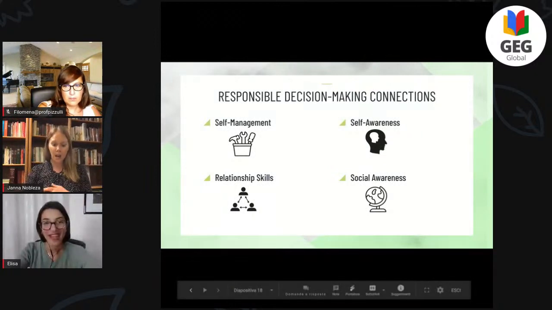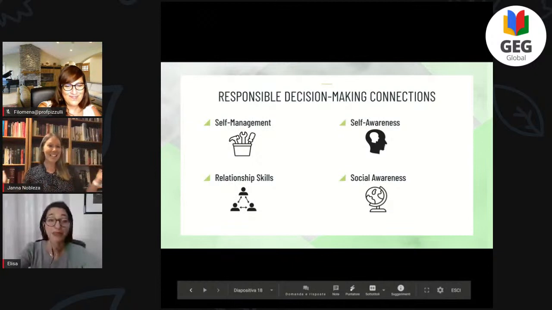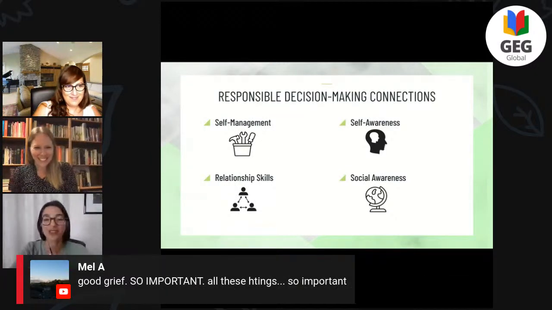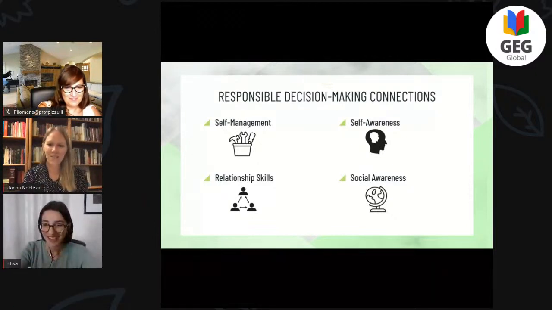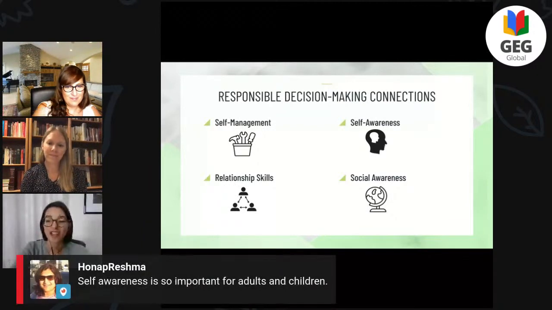Yeah. And it's really hard. It's probably one of the hardest things, making a responsible decision, for students and teachers sometimes. Yeah, Ona Preshma says self-awareness is so important for adults and children. That's true. Let's just quickly remind ourselves that it's important.